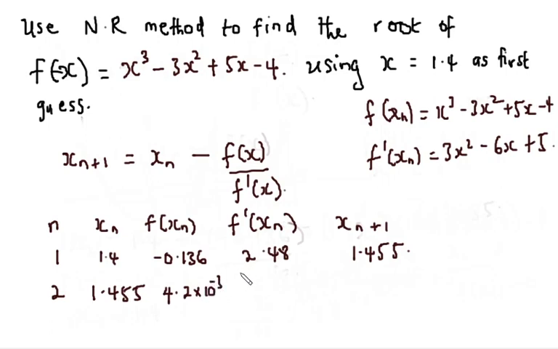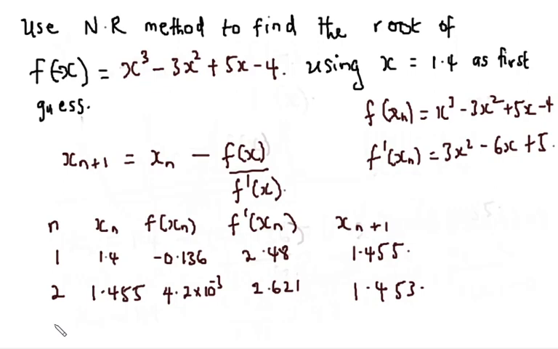And then if you use your value for f prime of xn using this formula, plugging 1.455 into this equation, you get 2.621. Using the Newton Raphson formula, you should get 1.453. Okay, so it's basically the same iteration again and again until you start getting consistent values.